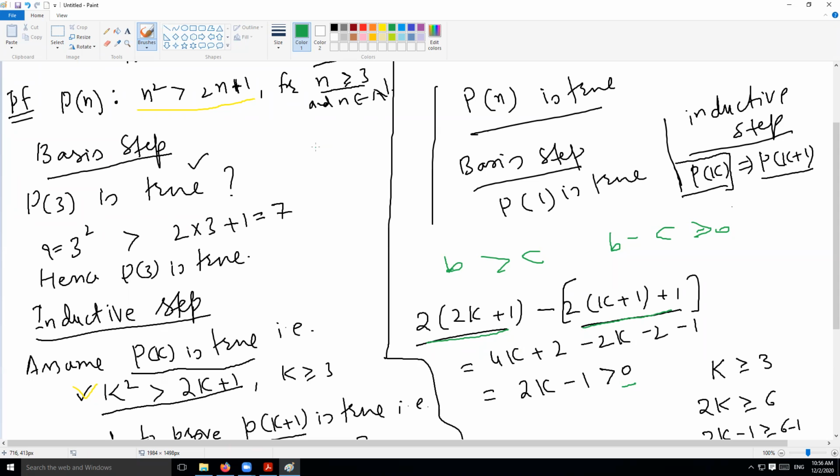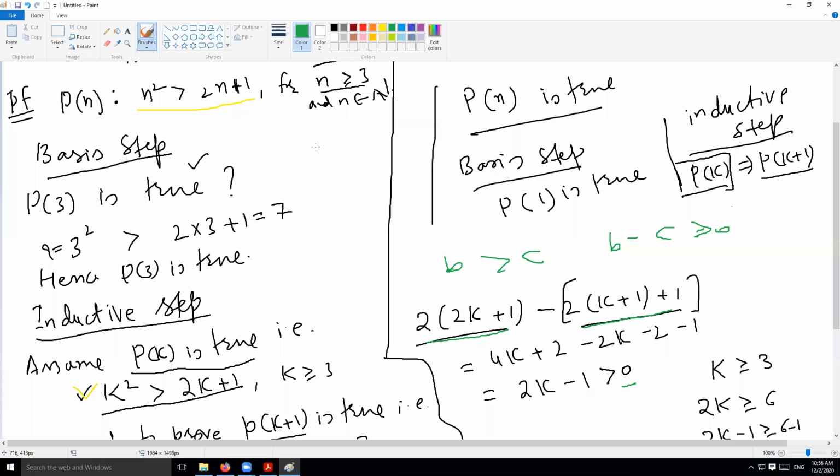Okay, my child? So this is what we have to carry on and do. I think these are enough examples for proving the principle of induction.